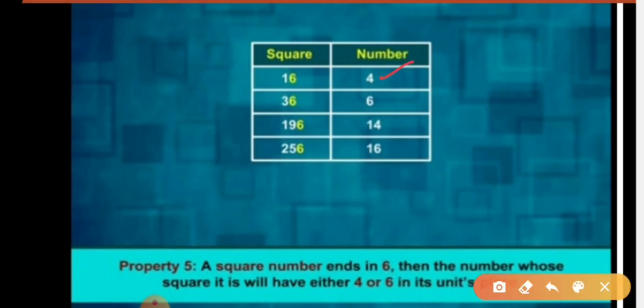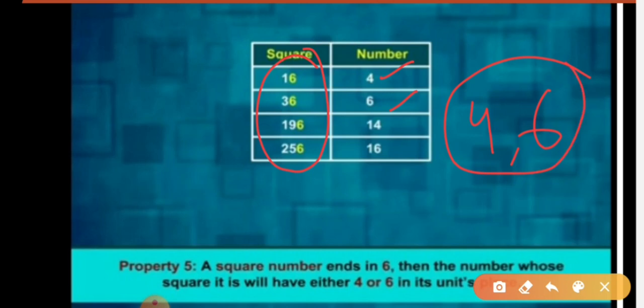If the number has 4 or 6 at its unit place, then the square will always end with 6. Opposite is given here: if a number ends with 4 or 6 at its unit place, then the square will always end with 6.